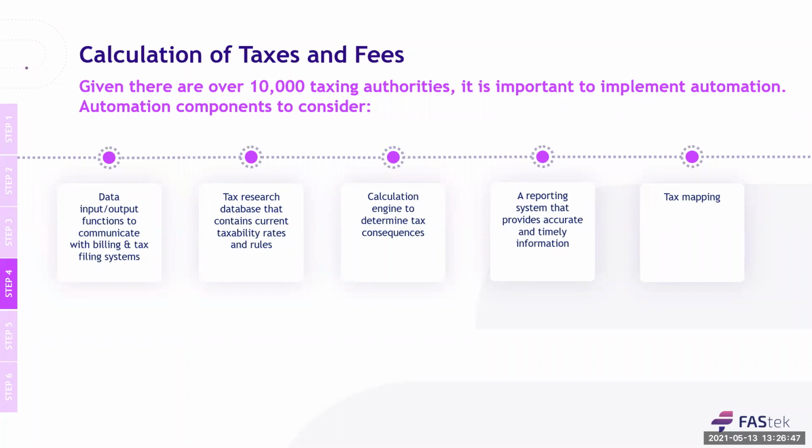Second, your system needs to be updated from a tax research database to keep you up to date on what the taxes are on the products and services you're offering. It also needs a robust tax calculation engine to make sure you're receiving timely calculations of your taxes with your customer invoices, and finally, a reporting system that provides accurate and timely information to file all your taxes.